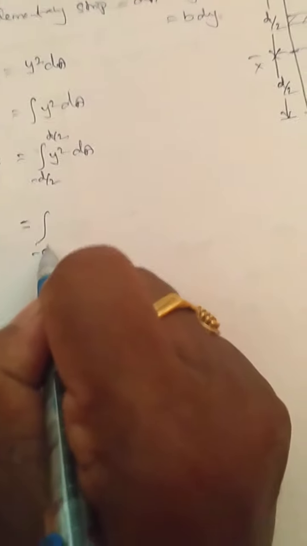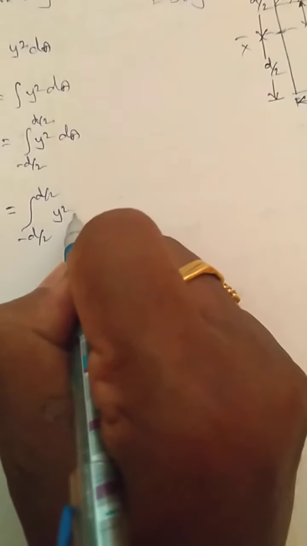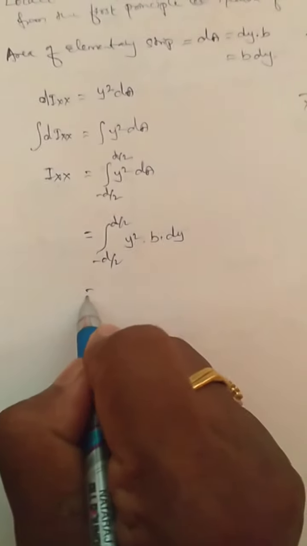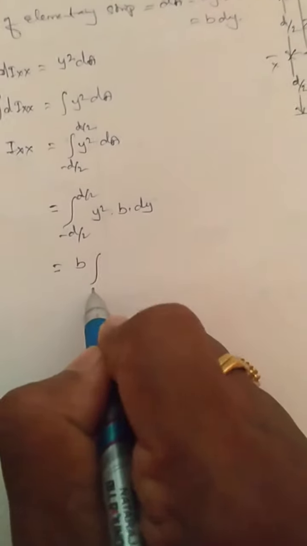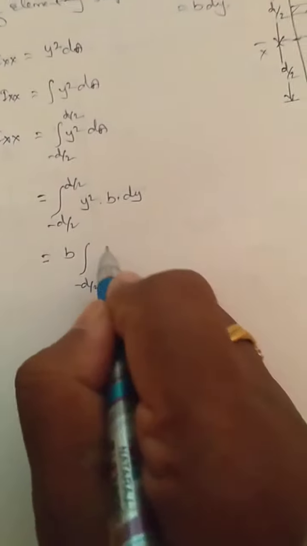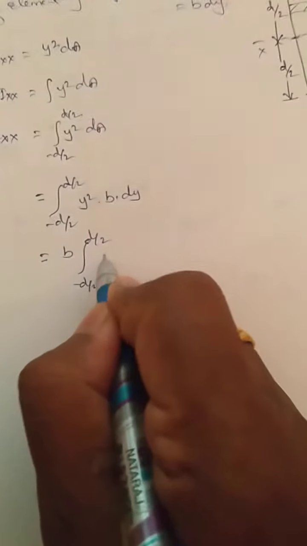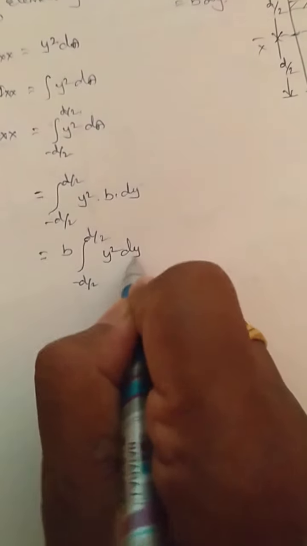So when I apply the limits, it is minus d by 2 to plus d by 2 of y square dA, where dA is b into dy. Now b is a constant, bring it outside the integration: b times the integral from minus d by 2 to plus d by 2 of y square dy.